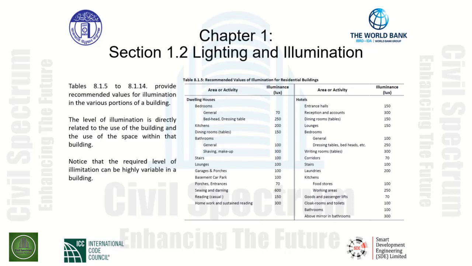When we look to the right side, second half of the table, the category is hotels. Entrance halls have a minimum illuminance of 150. Reception and accounts, 300. This is where we have detailed paperwork and reading at the reception and account area within hotels.